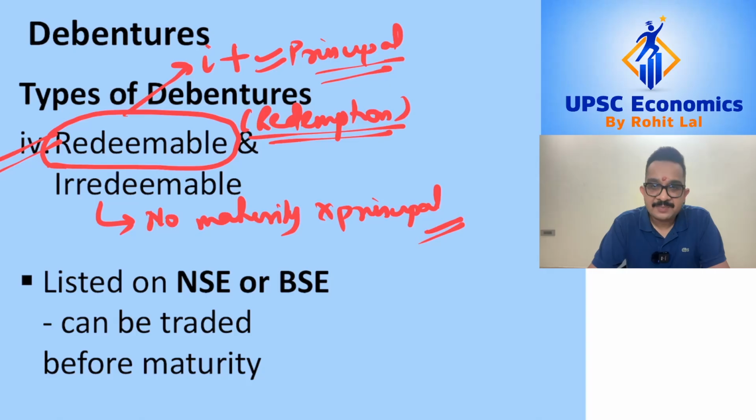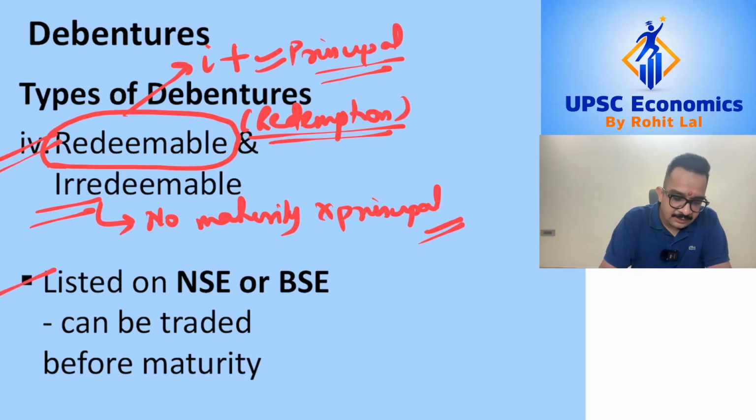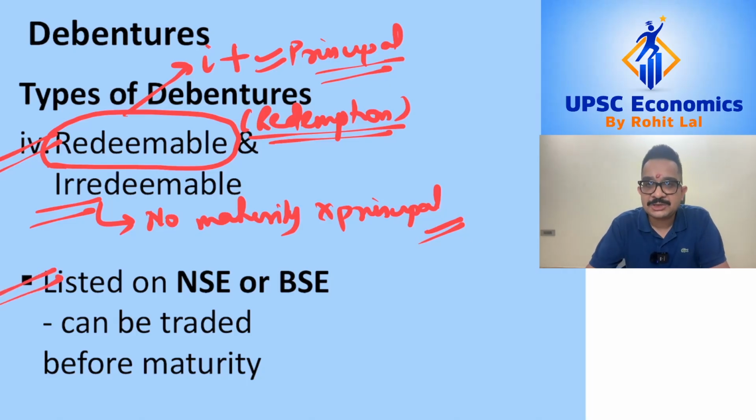So these are a very rare type of debenture and they are not in general issued by companies. The keyword here is redeemability, that is, can they return the principal in the future or not. If they return the principal in the future, they are called redeemable debentures, and if they do not return the principal amount, they are called irredeemable debentures.